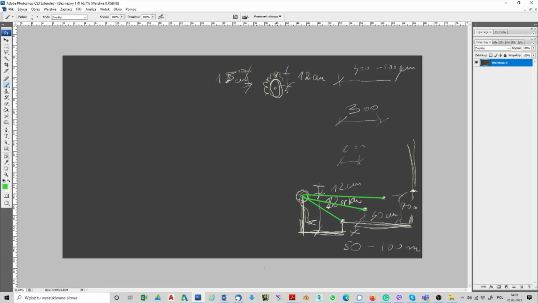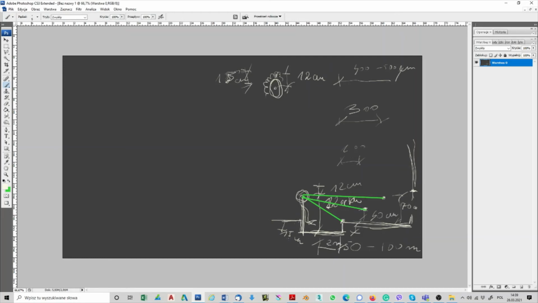So the next thing is the next row. First I will just show you the most characteristic section. We raise the first row 15 centimeters. What is the distance here? We should have a passage of at least 2 meters in that space.